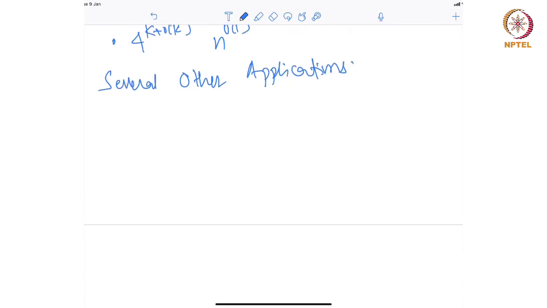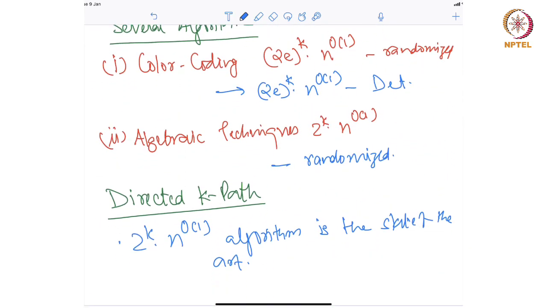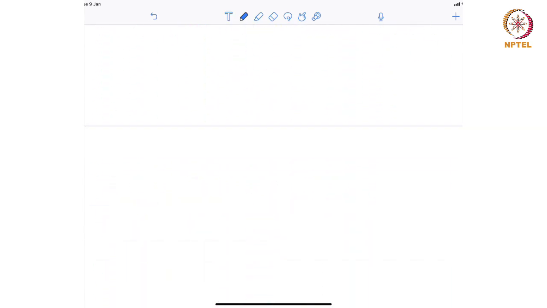So, let us straight away jump to the technique. Let us try to understand. Suppose you are given a graph G and two vertices U and V, and you are looking for a path on k vertices.